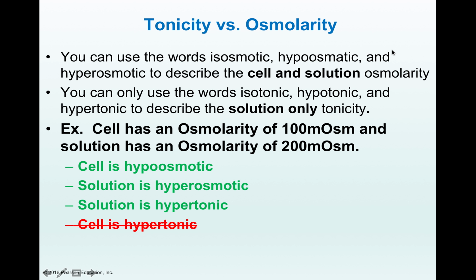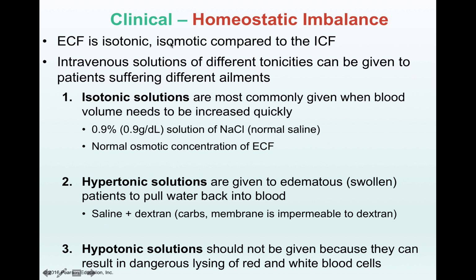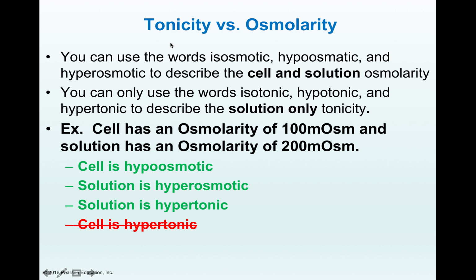Now, the last one I'm going to talk about before we finish this presentation is the concept of tonicity versus the concept of osmolarity. As I mentioned, we can use the word osmolarity to describe the concentration of solutes, and it doesn't matter if it's inside the cell or outside the cell.